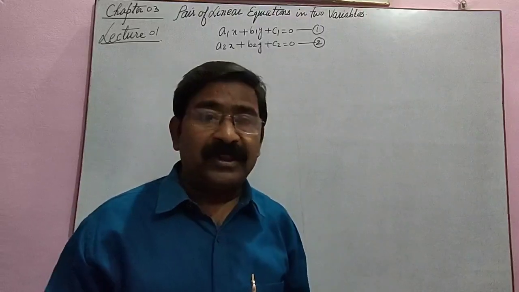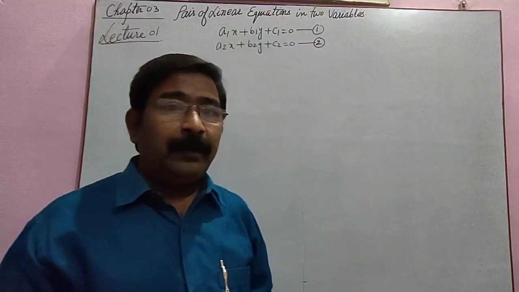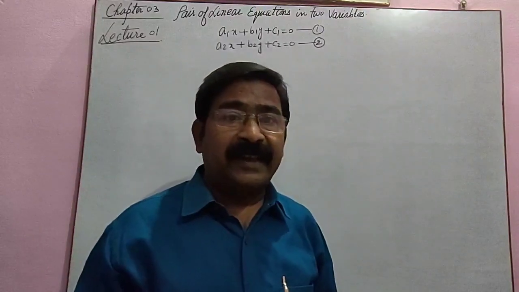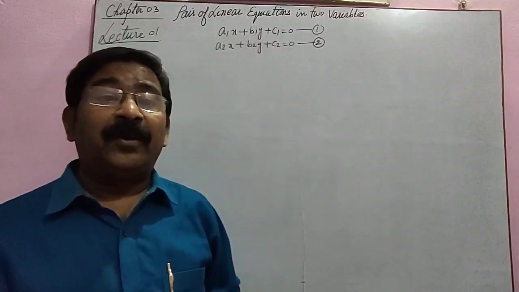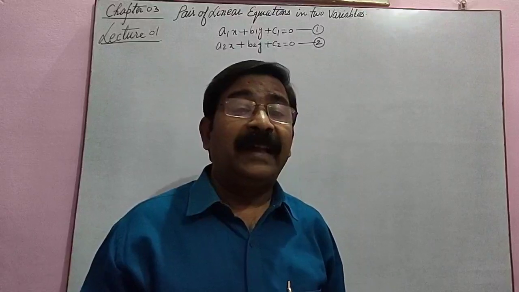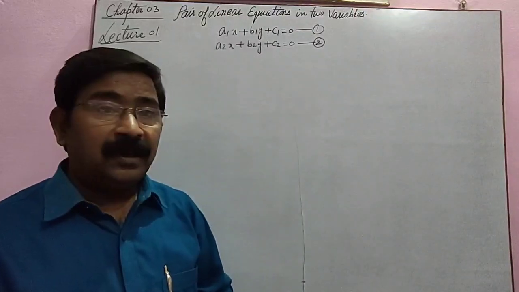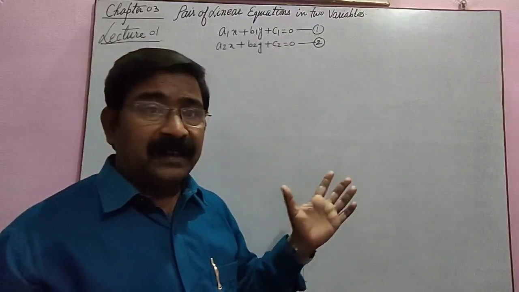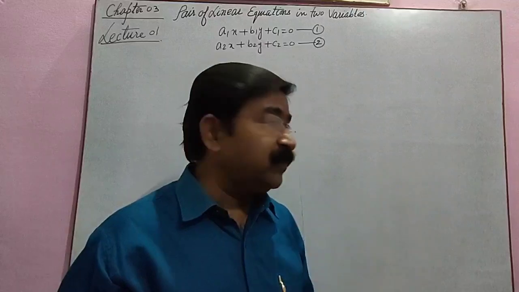So three situations are: number one, the lines may be intersecting each other, or the lines may not be intersecting each other, or the lines may be overlapping each other. Three situations. Other than these three, no other situation you can find.